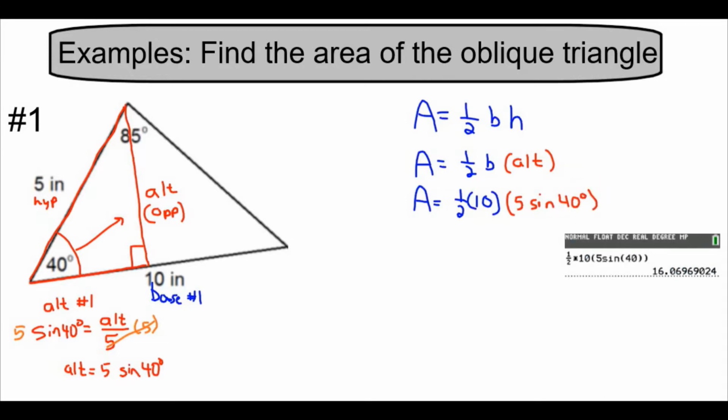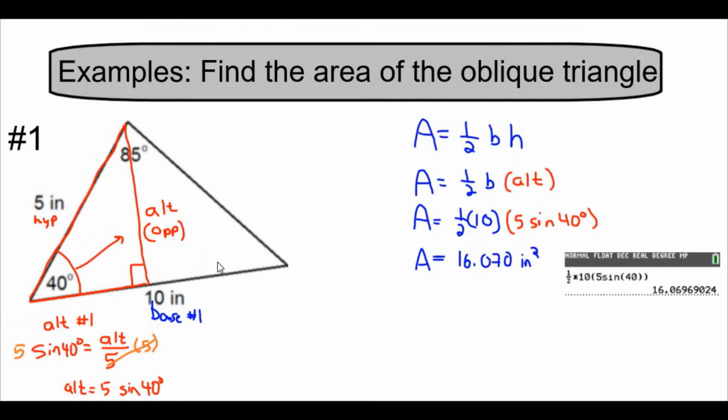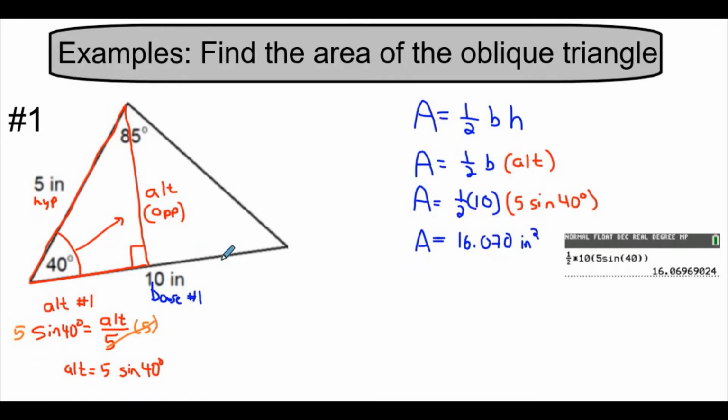As you can see, I did it right here to get that the area of the triangle is actually 16.070 if I round to 3 decimal places. This 9 would round the 6 to a 7, which would round that up to 70. And this would be inches squared, because you have to include units. Very important in a trig problem to include units.